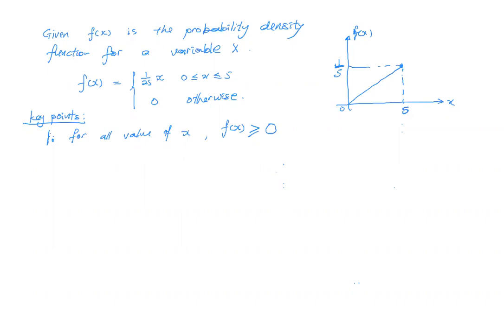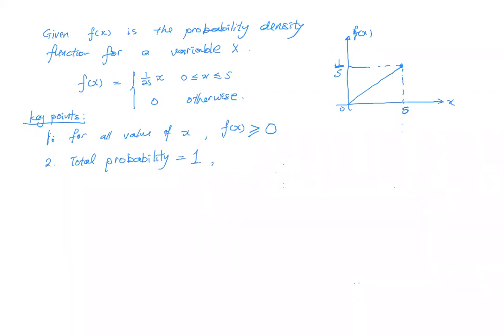Okay, now, second thing, we know that total probability must be equal to what? Must be equal to 1.